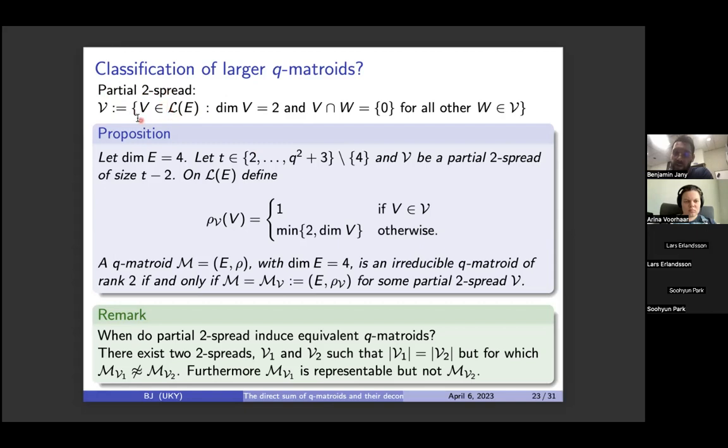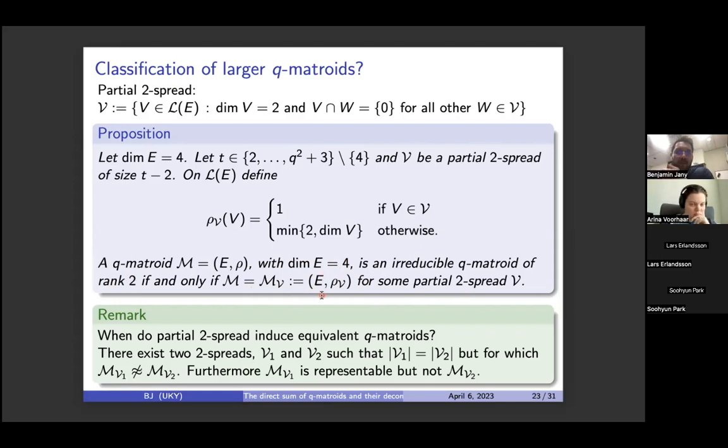A partial two-spread is just a collection of spaces of dimension 2 that pairwise intersect at 0. From a partial two-spread, we can induce a q-matroid that will have the following rank function. And then one can show that a q-matroid with ground space dimension 4 and rank 2 is irreducible if and only if it arises from a partial two-spread like that.